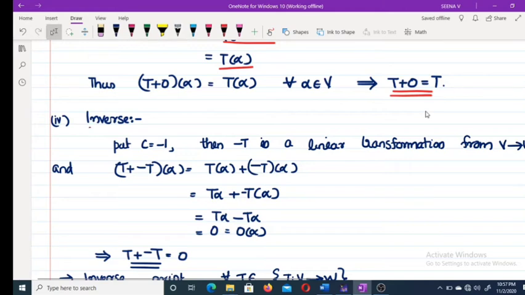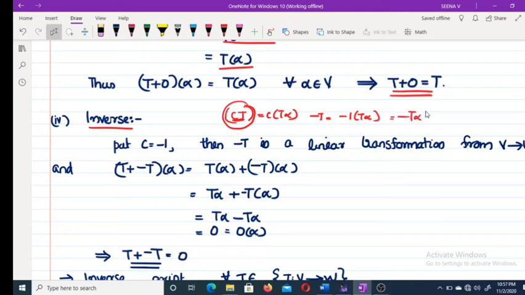Now existence of inverse. We know that cT is a linear transformation, and cT is defined as (cT)(alpha) = c T(alpha). So if you take c equal to minus 1, what do we get? cT is equal to minus T, and (-T)(alpha) is equal to minus 1 into T(alpha), that's equal to minus T(alpha). Now (T + (-T))(alpha) is equal to T(alpha) + (-T)(alpha), that's equal to T(alpha) minus T(alpha), which is equal to 0, and that's equal to 0(alpha).